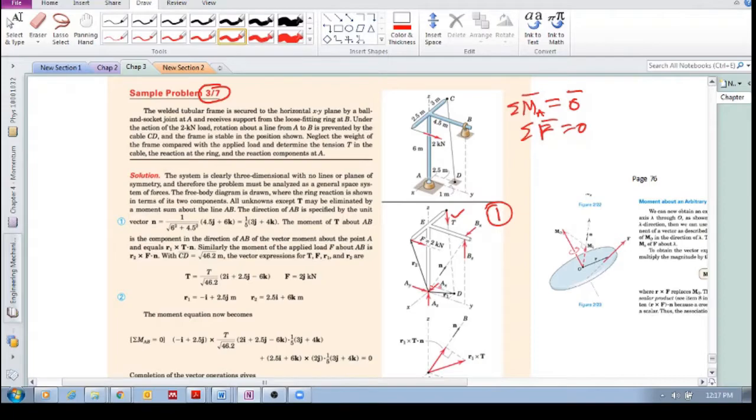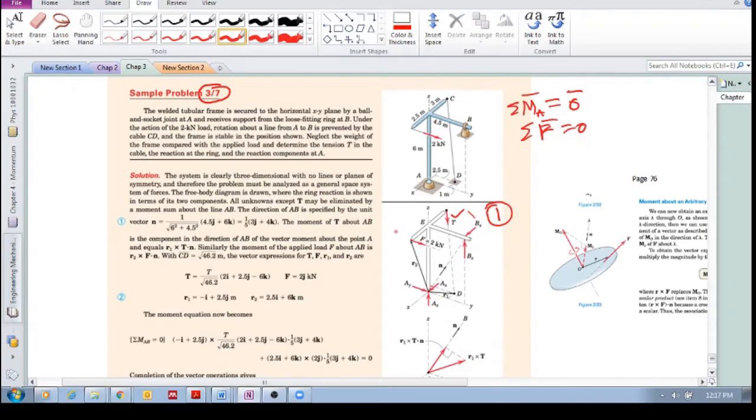These 3 forces would cause no moments because they pass through the point of rotation, but then we would have F, T, and Bx and Bz in this equation. So we would have 3 unknowns in one equation.